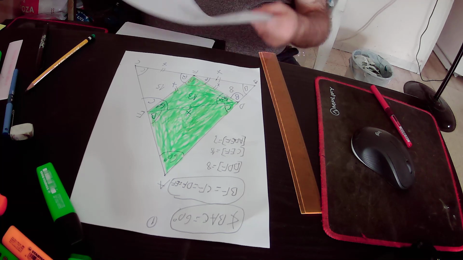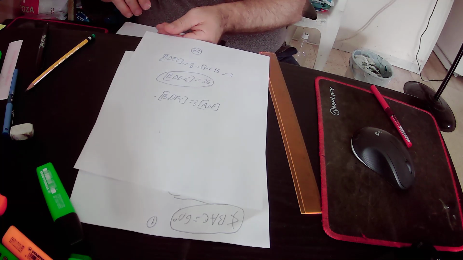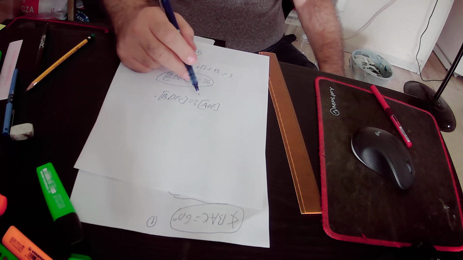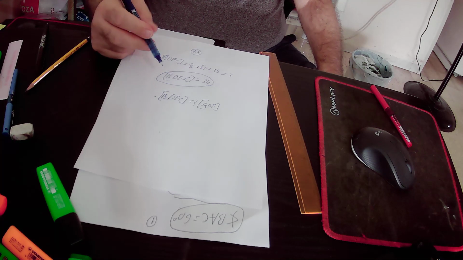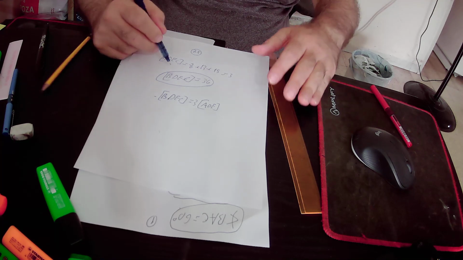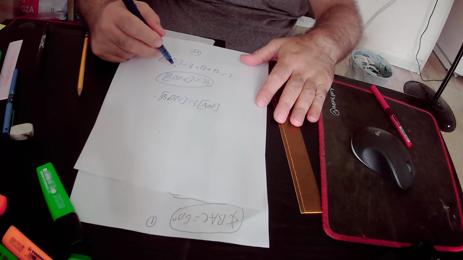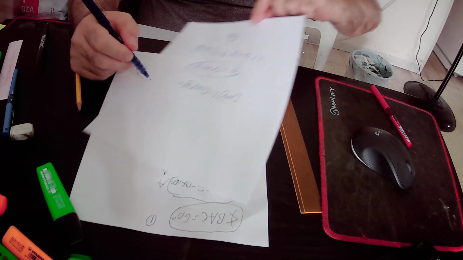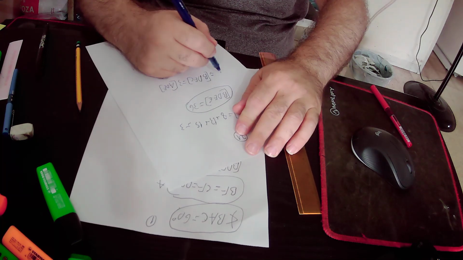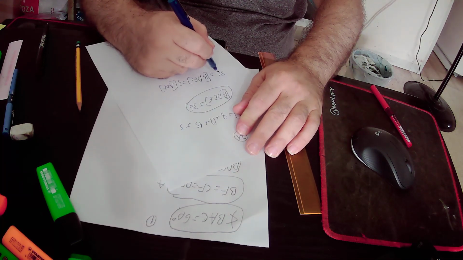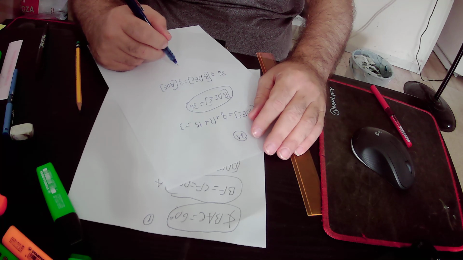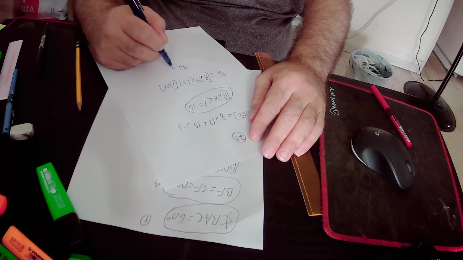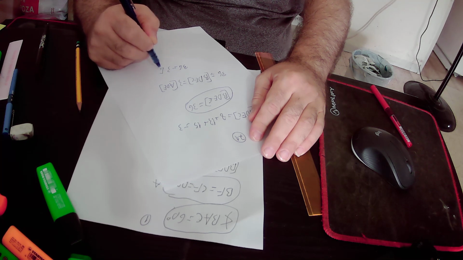Okay, the area of the quadrilateral BDEC equals 3 times the area of triangle ADE. But we have already found that the area of quadrilateral BDEC equals 36 square units. So 36 equals 3 times the area of triangle ADE.